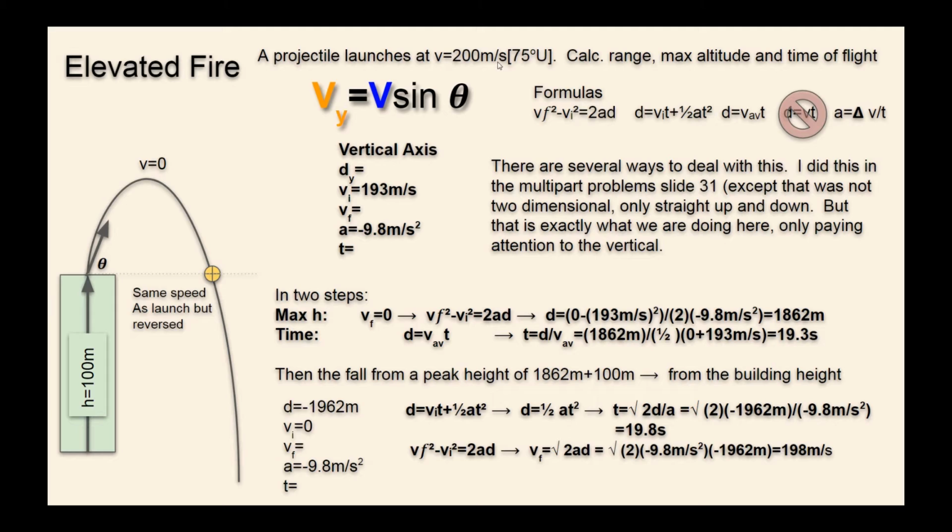Remember? We're not dealing with the total speed. This is straight up and down. So it did not land at less speed than it took off. It took off at 193 and it came down at 198. That still seems like very little added, but we can look at that later. But you're not comparing this speed to the one up top. You're comparing it to the component speed.